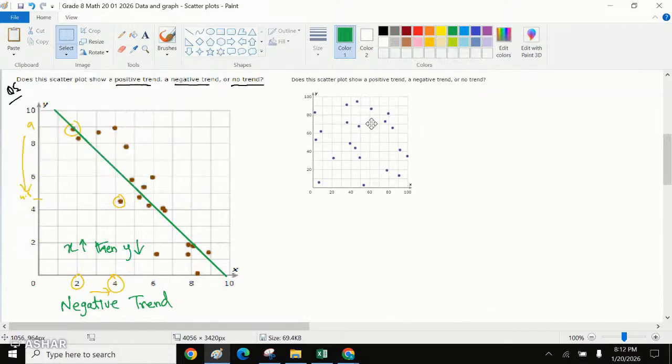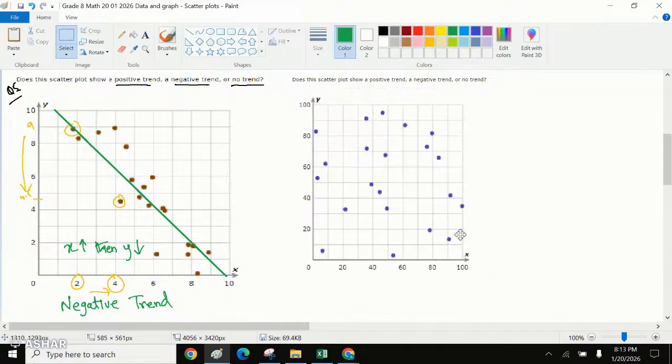We have question number 6. In question number 6, a scatter plot is given to us, and we need to find whether the scatter plot shows a positive trend, negative trend, or no trend, right?